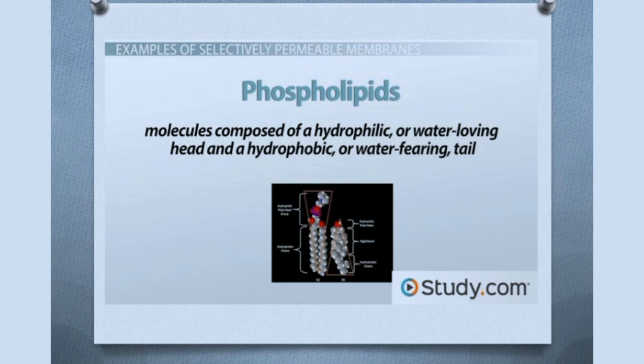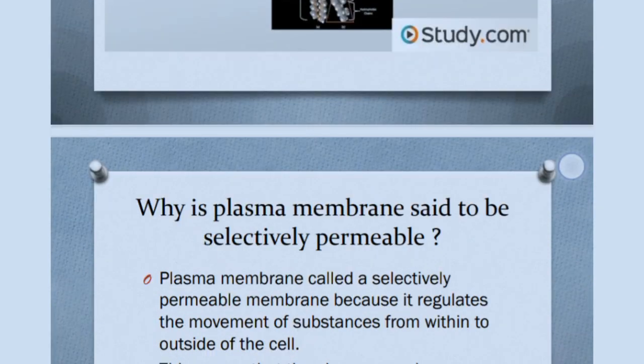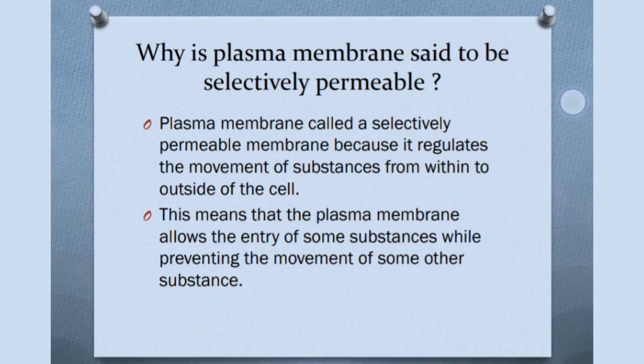And hydrophobic means which have fear of water, which try to go away from water. So these are said to be hydrophobic. So the phospholipids are the molecules which are composed of a hydrophilic or water-loving head and a hydrophobic or water-fearing tail.